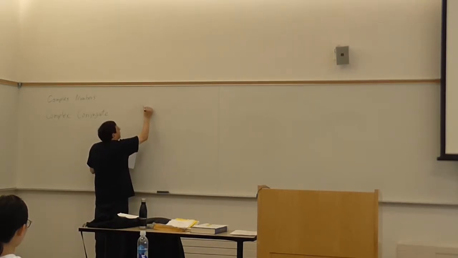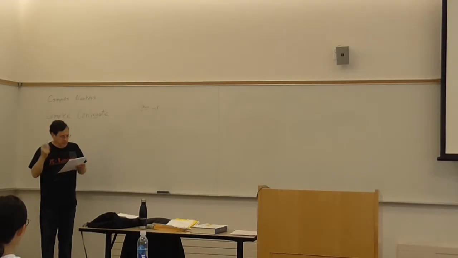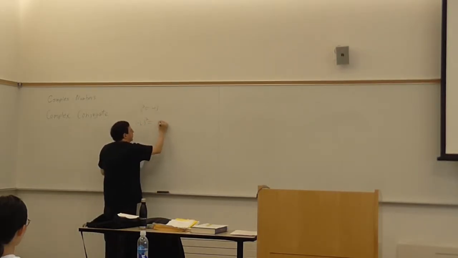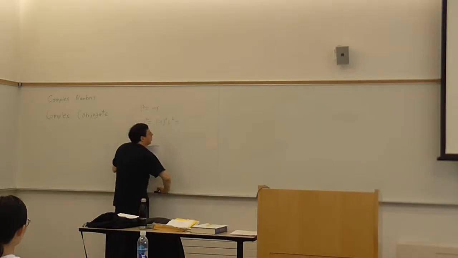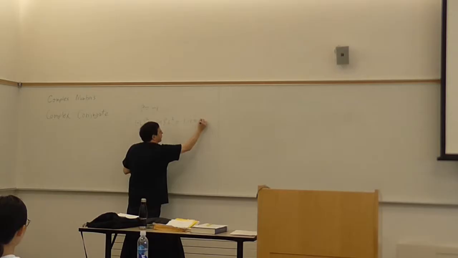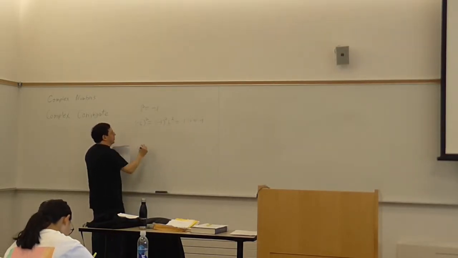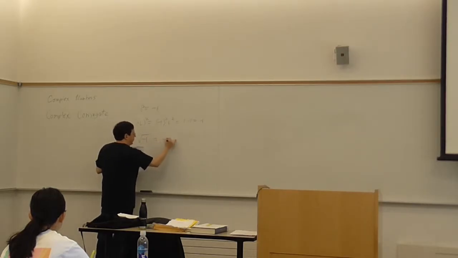Clearly, i squared is minus 1, but it's good to keep in mind that negative i squared is negative 1 squared times i squared, which equals 1 times negative 1, which is minus 1. So i isn't the only square root of negative 1. Negative i is also a square root of negative 1.